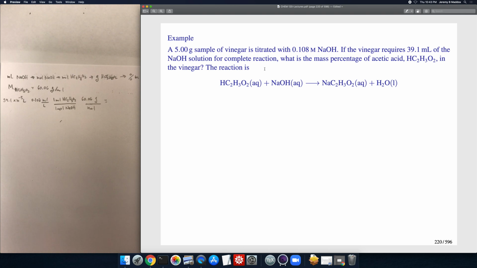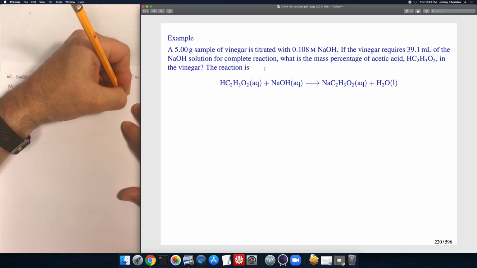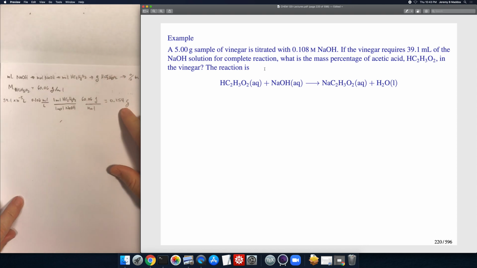So I'm getting 0.254. So out of that 5 grams, 0.254 of it is actually acetic acid in the vinegar.